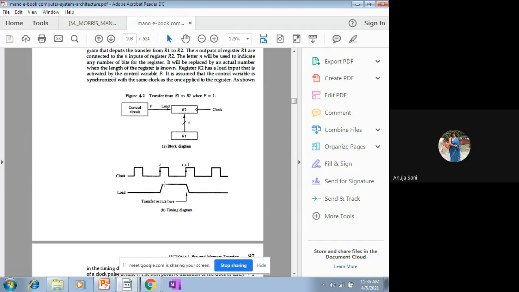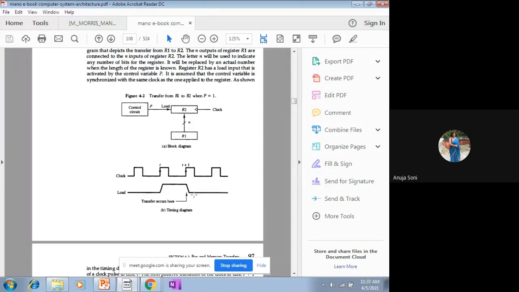It will remain enabled during this timing signal, and as and when the load is enabled, the register transfer statement will take place. At what point? At the t plus 1 timing signal, the register transfer will take place, meaning the data from register R1 gets transferred to R2 during the t plus 1 timing signal. So this is the timing diagram.